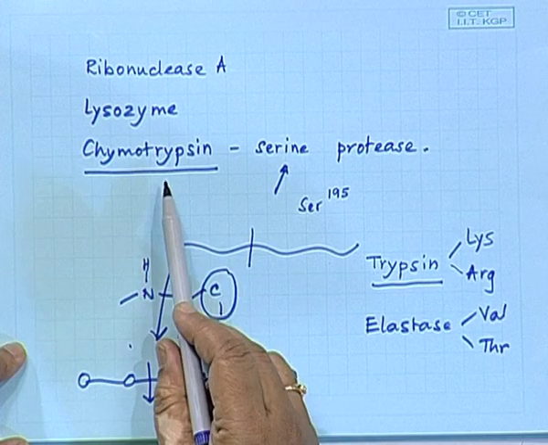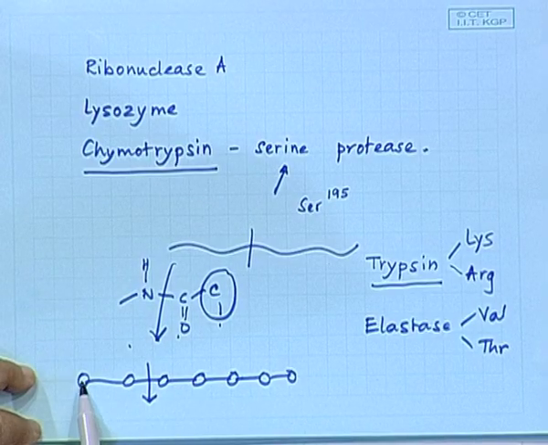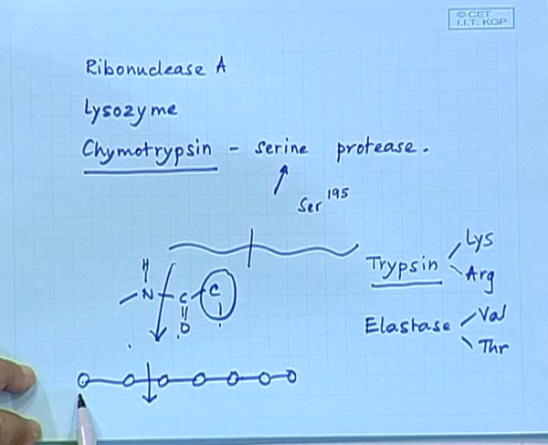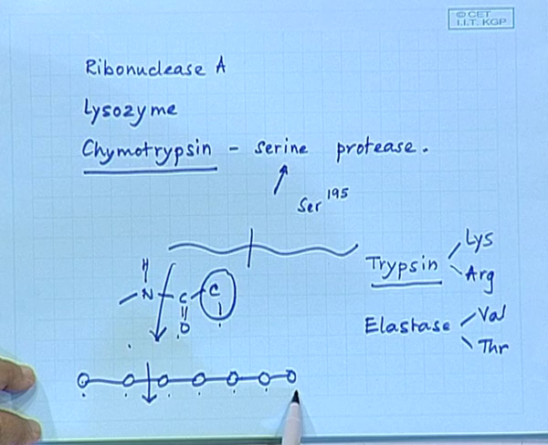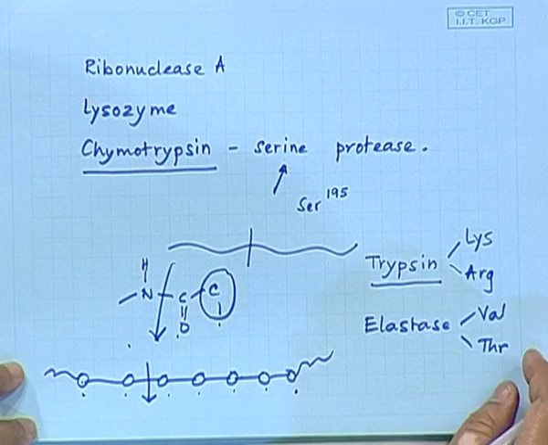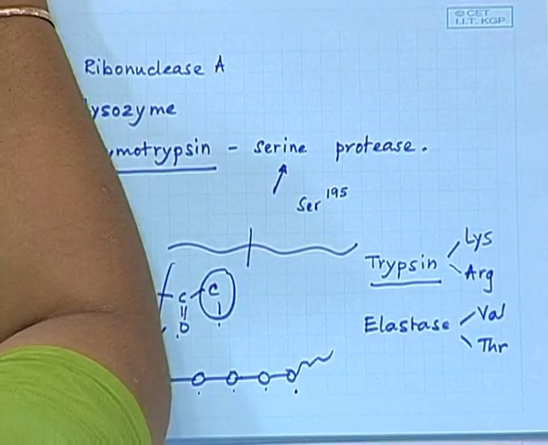If we have chymotrypsin, we are going to cleave at some other point. Okay? So, based on that, we can use this very cleverly to figure out what the sequence of our amino acid polypeptide chain is. Okay? So, we are going to see how we can actually do that. It is like a puzzle. Okay? So, what do we have here?